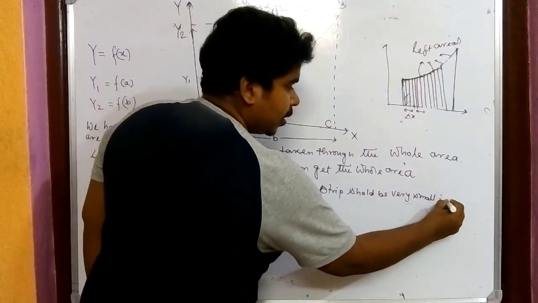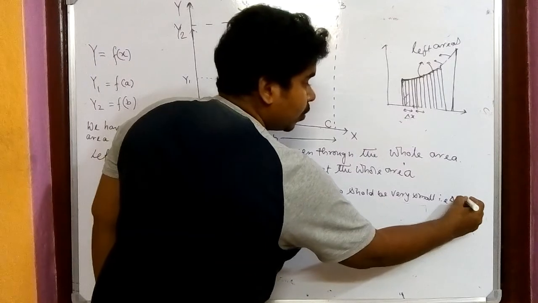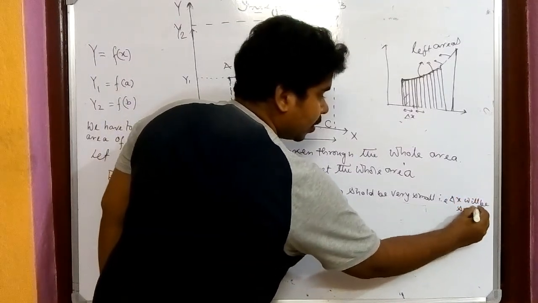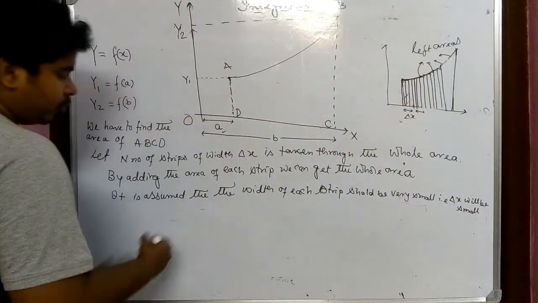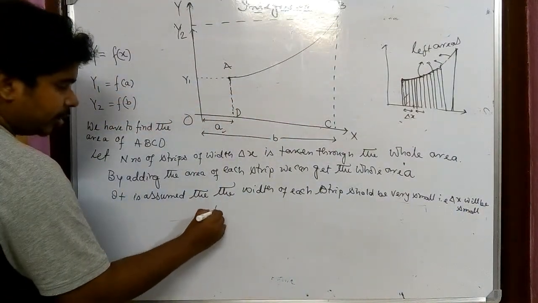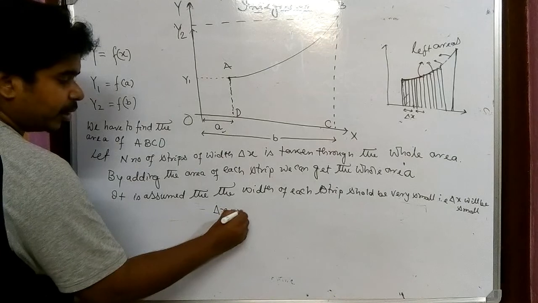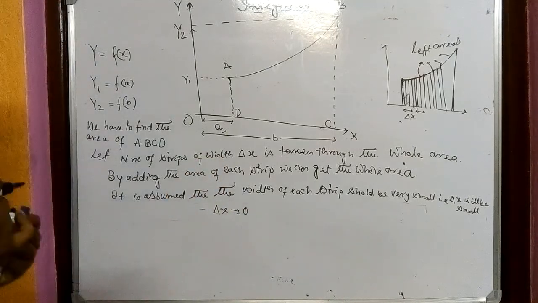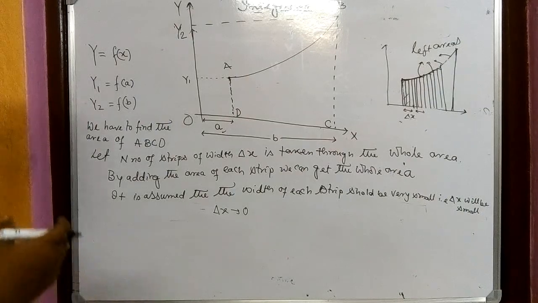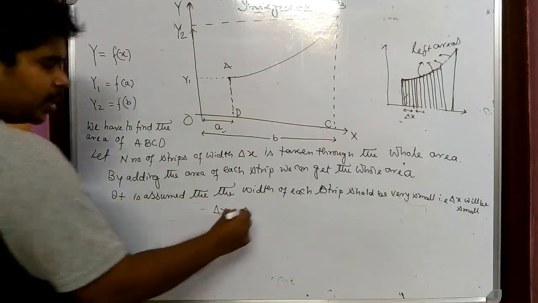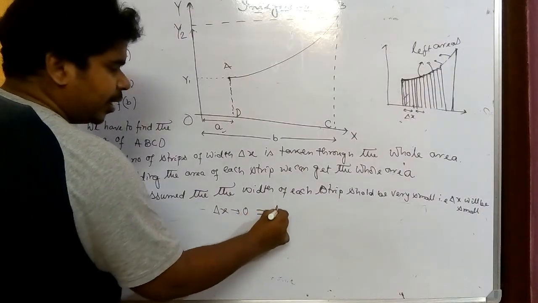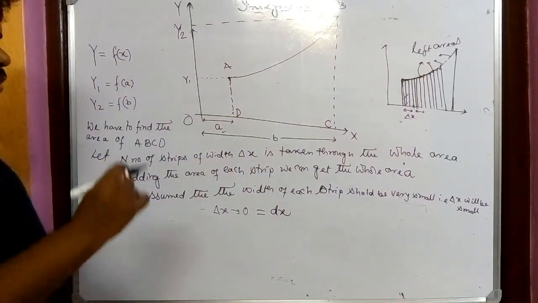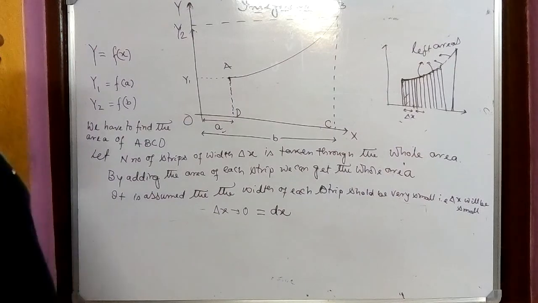That is, del x will be small. How small? We are assuming that del x tends to 0, which means the width should be very close to zero. If del x tends to 0, that can be represented by dx. If del x is so small, it can be taken as dx.